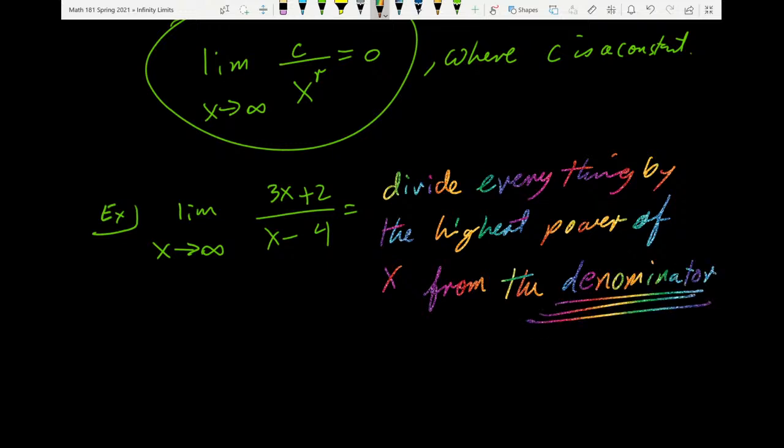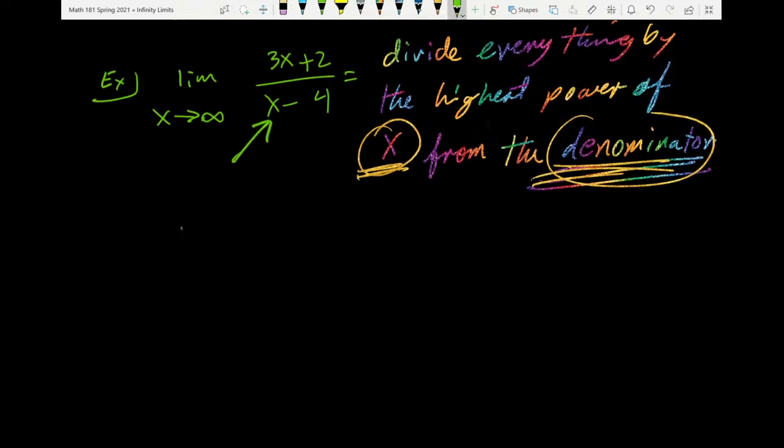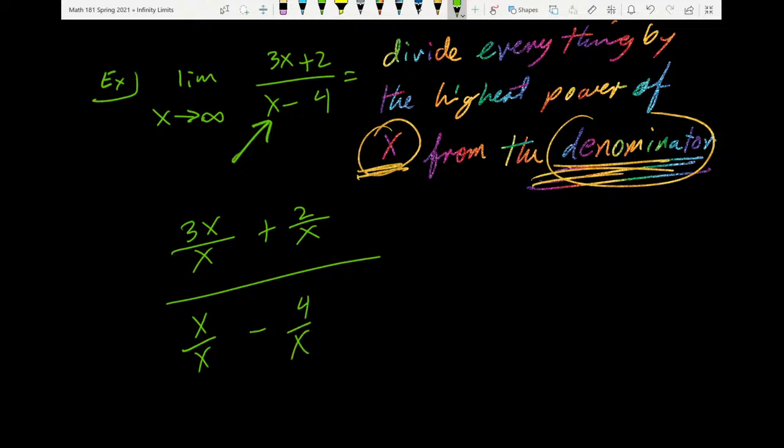Let's go back. What's the highest power of x in this case? It's right over here, so I divide everything by x. We can do that. Essentially what we're doing is multiplying it by x over x. And if you simplify it, this becomes what?